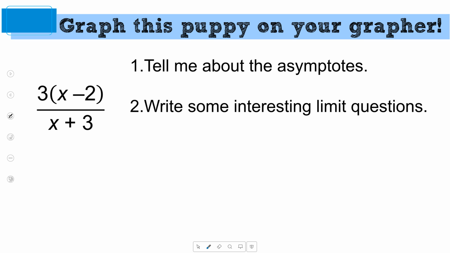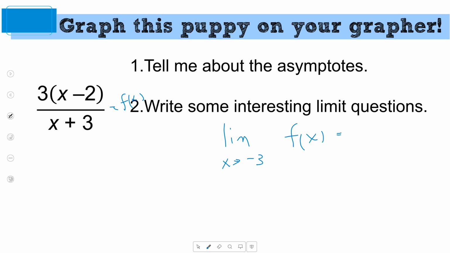Victor, what do you got for me? Limit question? Sure. We'll call this f of x. What would be an interesting number to approach for this function? This approach is -3. From the left, from the right, or at 3? At 3. What's the answer?